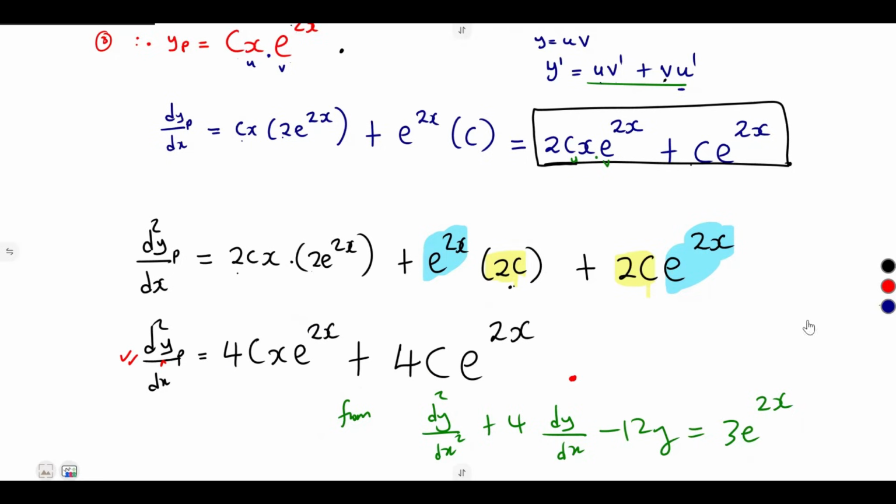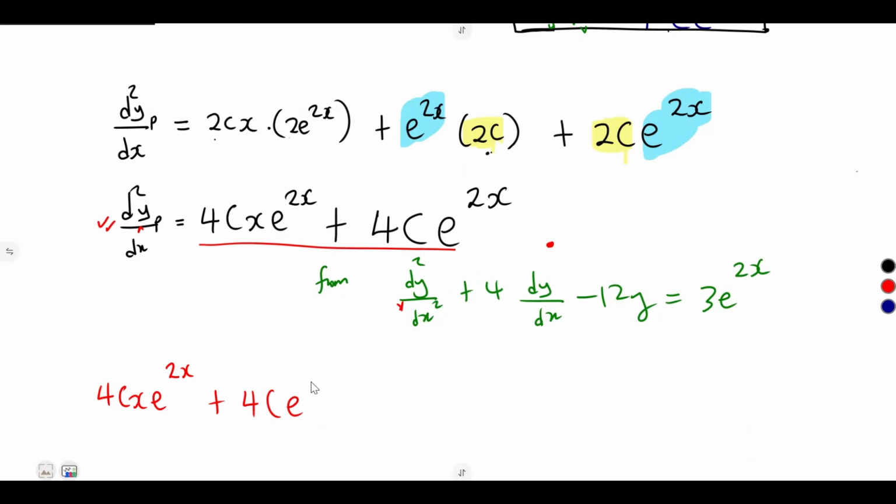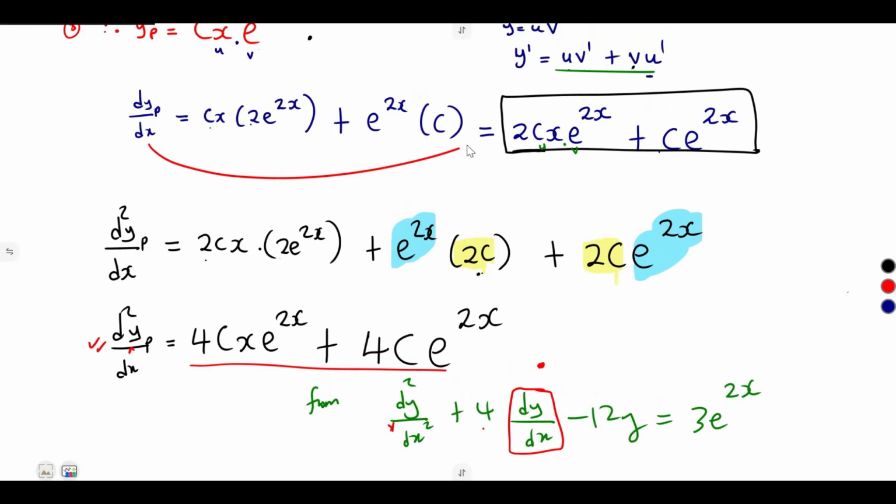From that, we're going to substitute with its equivalent, 4cx e to the exponent of 2x plus 4c e to the exponent of 2x, plus 4 times our dy/dx. Our dy/dx, remember, is this one that we have here. So we're going to multiply everything by 4, which is 4 times 2, which is 8.